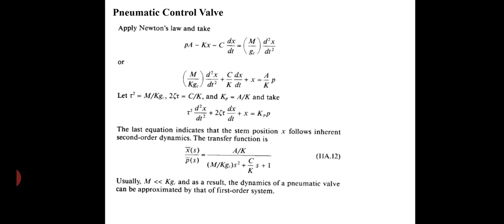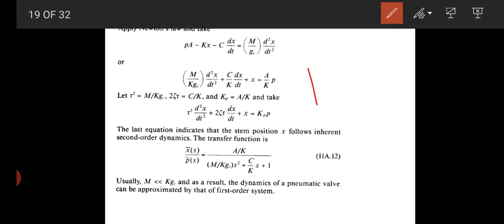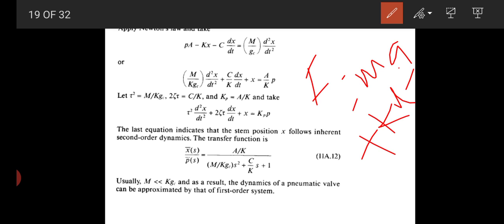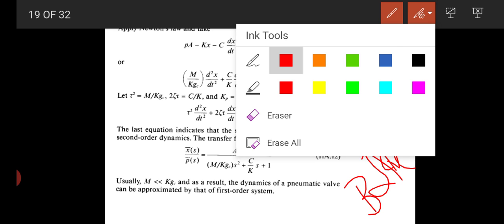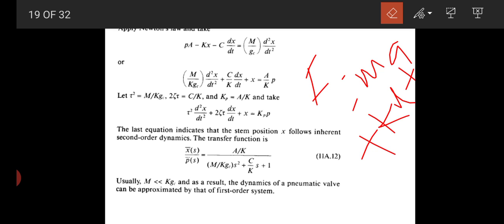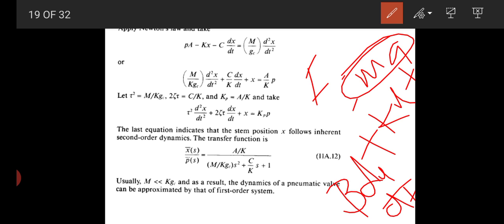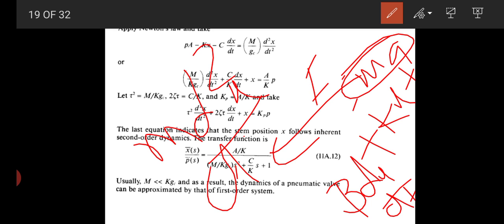So this force, Pa, is equal to m into a plus kx plus b into dx by dt. This ma is nothing but m into d2x by dt square, where m is written in the form of m by gc.